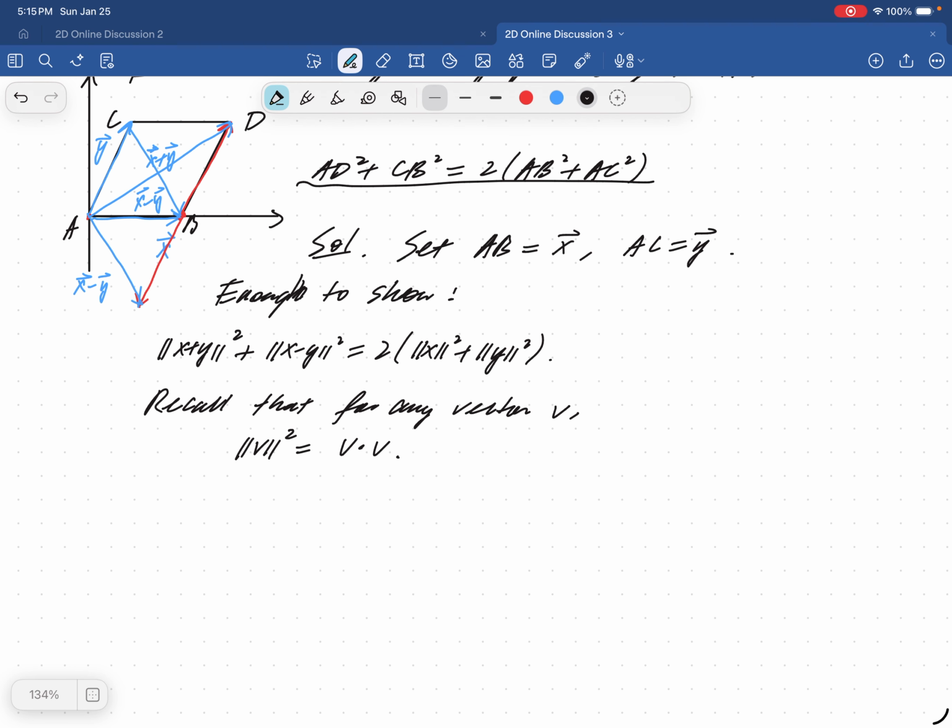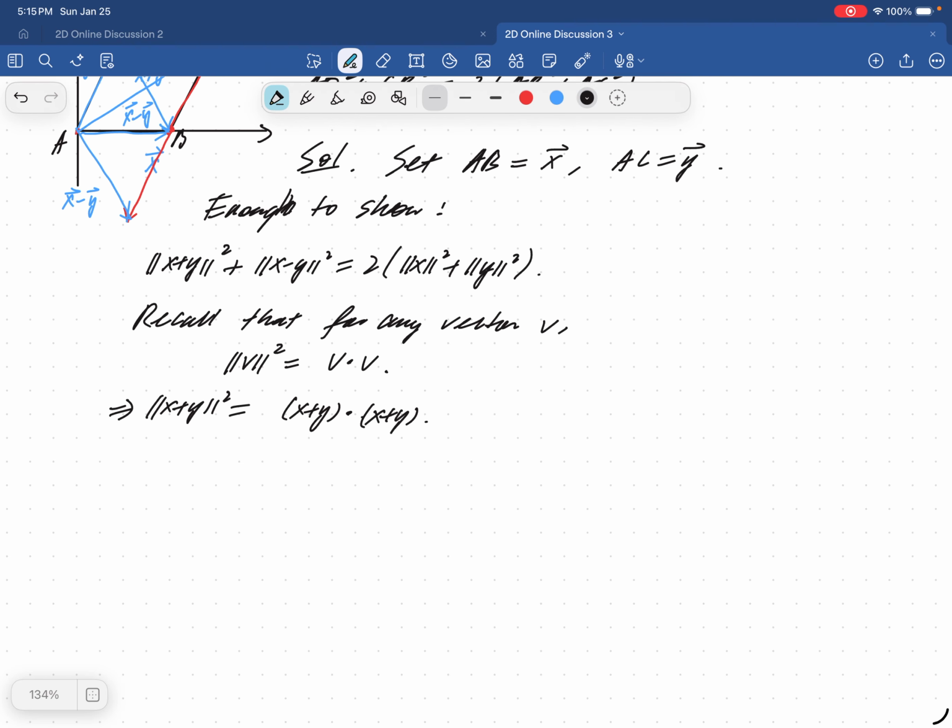So the length of x plus y squared is equal to x plus y dot x plus y. And we can use the rules of dot product, so it distributes across the plus, and we get x dot x plus y dot y plus 2 times x dot y.